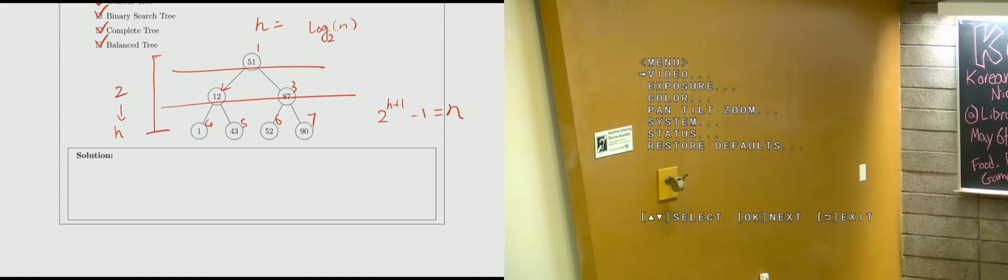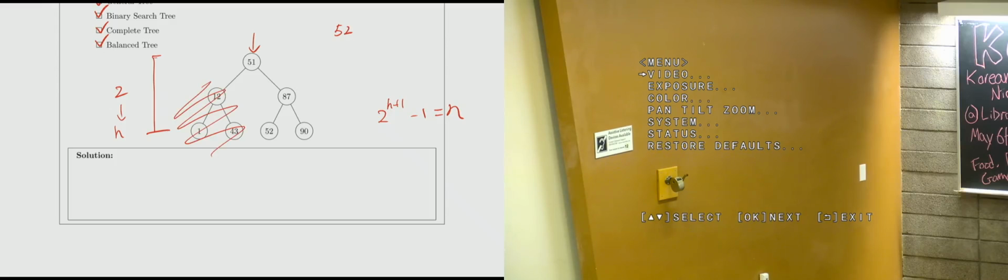Because if I compare with this node already, and my target is 52, let's say, because it's larger than 51, I can discard all of the left branch, right? This confidence that I have about the left branch is that all the elements on the left branch are smaller than 51, but the item I search for is larger than 51. So I can make that discard.